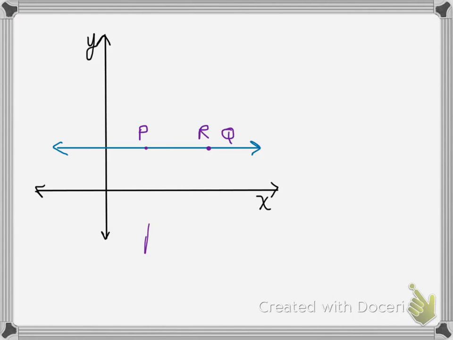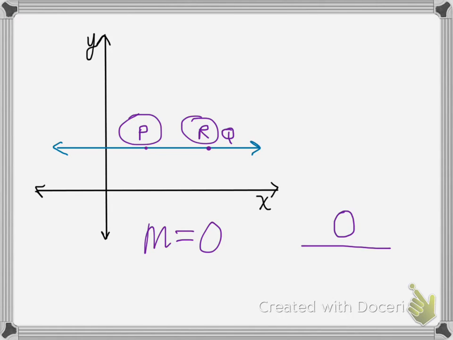So m equals 0 for a horizontal line, which makes sense even with our calculation because the difference in the y-coordinates between P and R, no matter what it is, the difference is 0. Because whatever the y-coordinates are is the same.